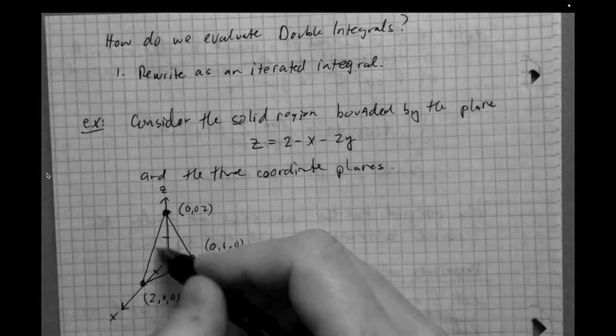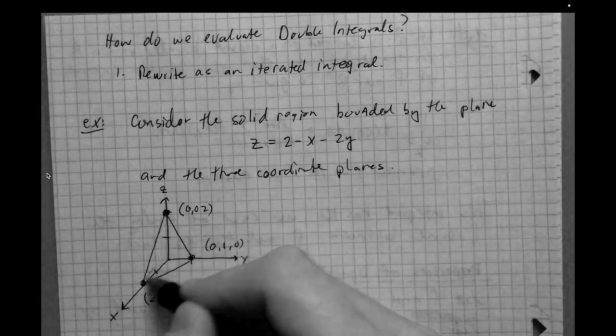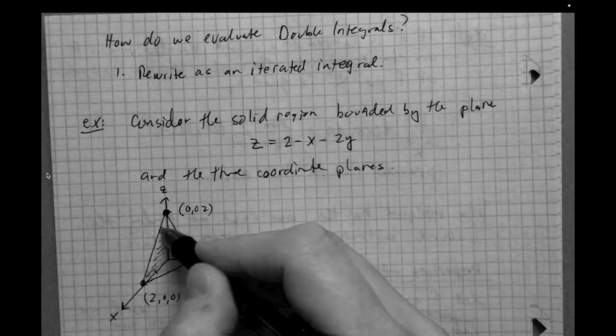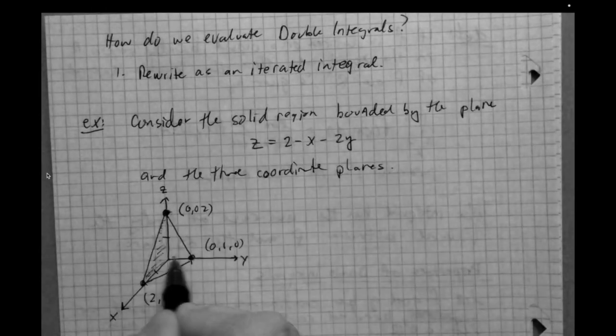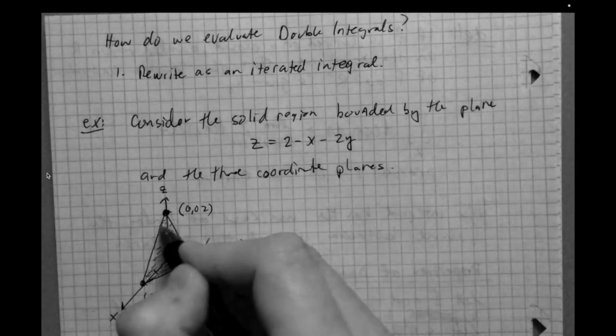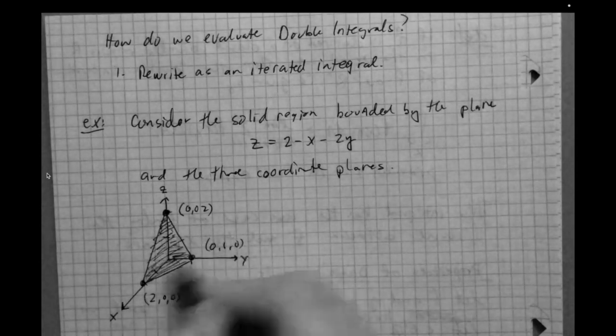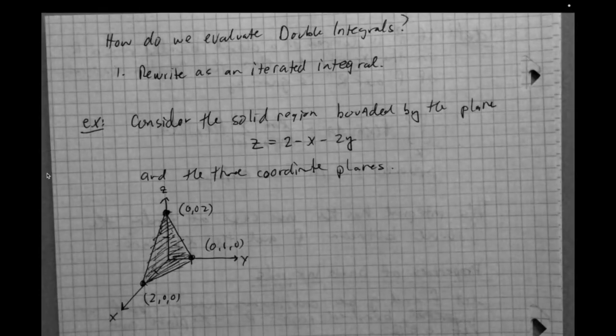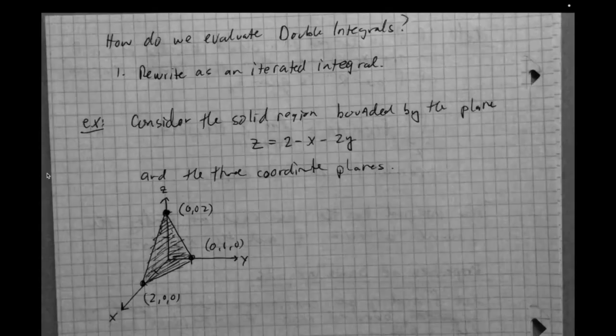Okay, and so we're interested in the volume that falls between the xz plane, the yz plane, the xy plane, and this arbitrary plane right in the middle here. Okay, so that's what we're up to.